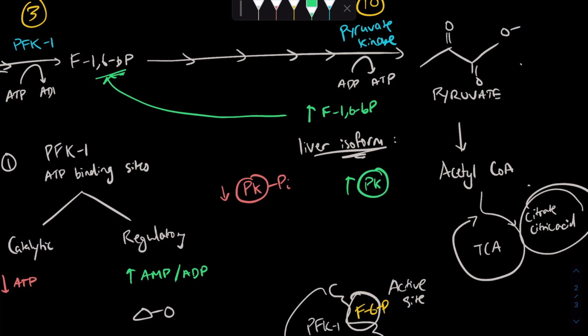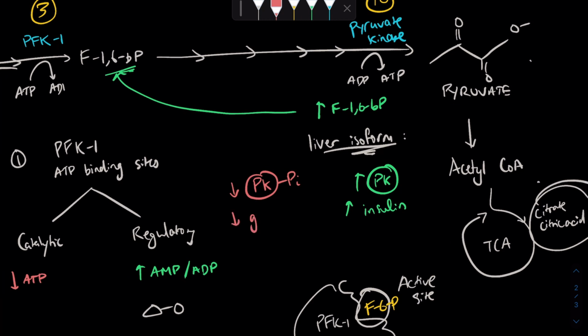And this phosphorylation state is, again, controlled by insulin to promote it and glucagon to lower it. Again, that's only in the liver isoform. All of them are controlled by F16BP, but only the liver isoform is controlled by insulin and glucagon.